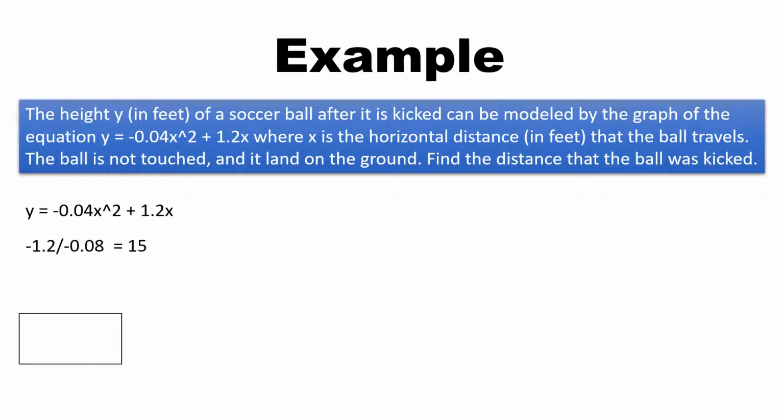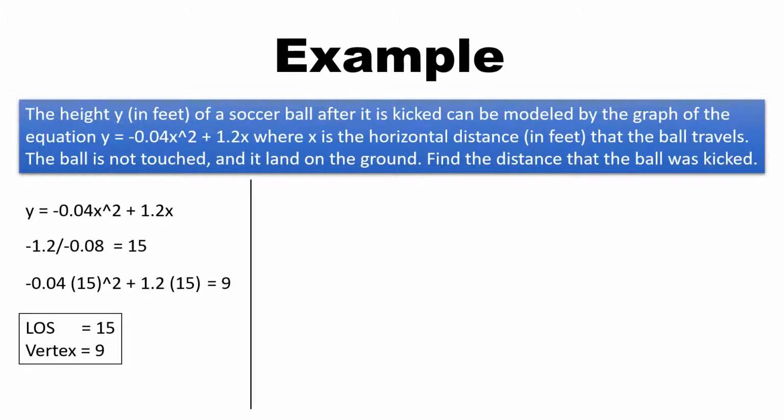Then you have to find the vertex. Just substitute 15 for x in the original equation and you get your answer. I suggest that you record your answers so that you won't forget them. So my line of symmetry is 15 and the vertex is 9.